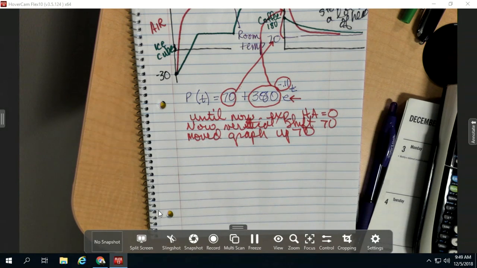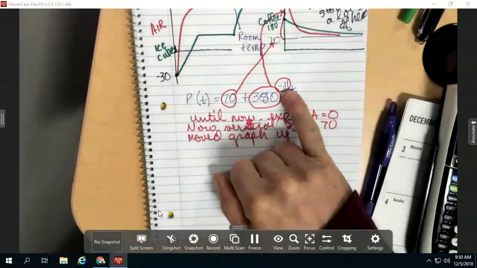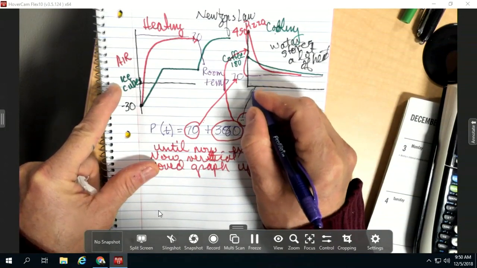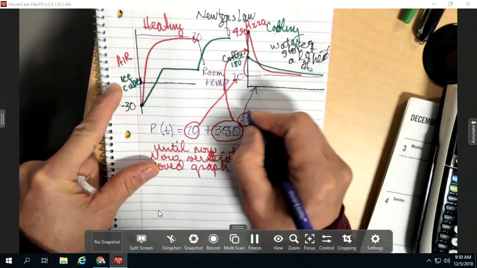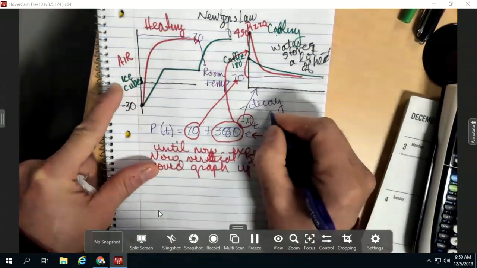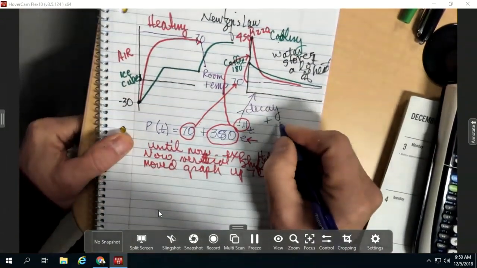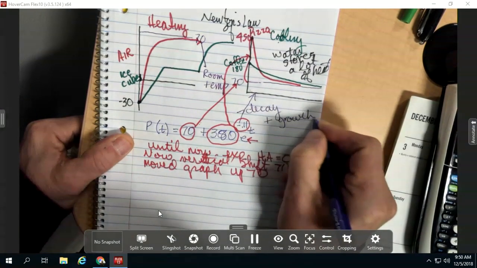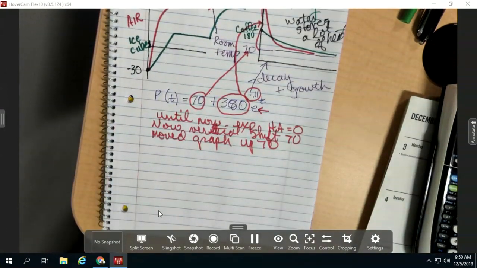So it more than doubles in a certain amount of time. Now, if you notice here, it says negative. This negative sign here is for decay. Decay is negative. So what do you think positive will be? Growth.